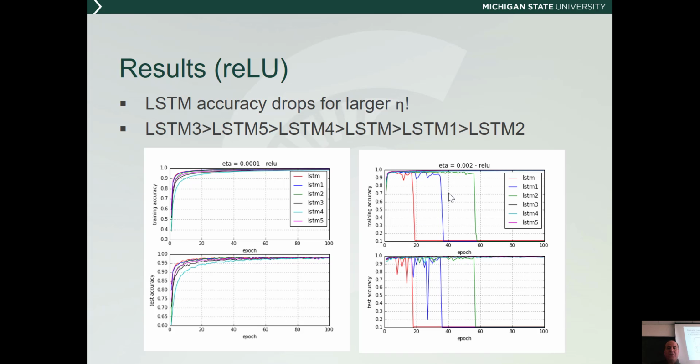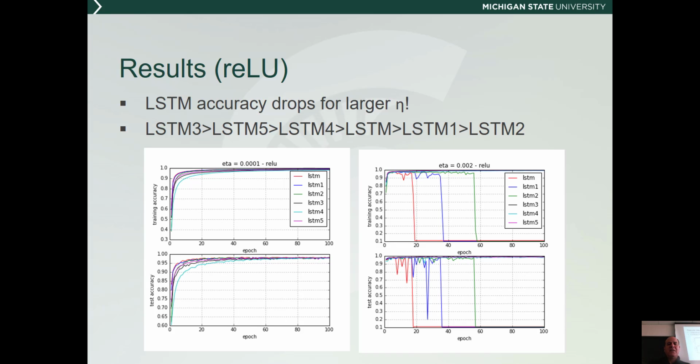In this experiment, for this particular parameter, eta, which is relatively large, some of these start failing and some don't. And of course, for a smaller eta, none of them fail.